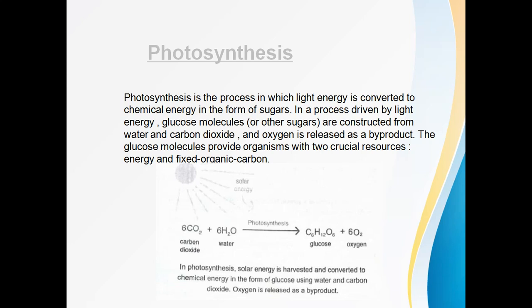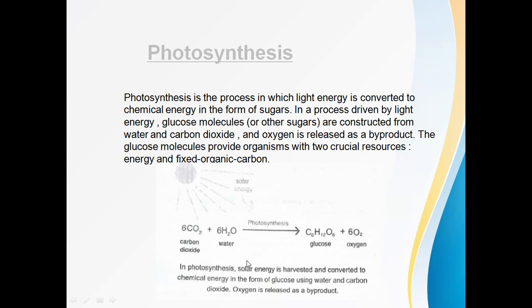So it's a natural process which releases oxygen into the atmosphere, and this oxygen released by the plants will be used by all the living forms. Why do we use oxygen? For the process of respiration. So oxygen released during photosynthesis will be used by all living organisms for respiration.